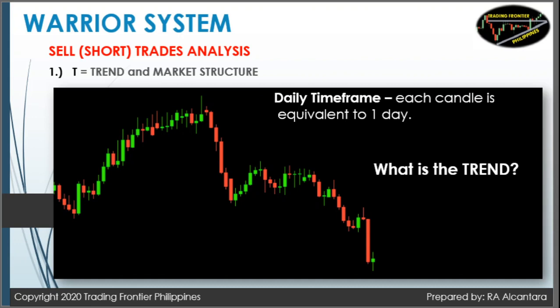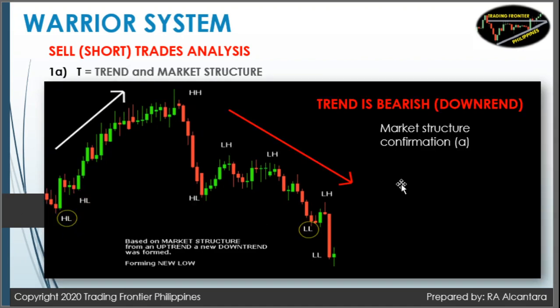At the same time, you will understand that you don't need indicators to determine market structure. It's all about price action. The information you need is already in front of you. It's all about the candles and price movement. For this example, it's the daily time frame, so each candle is equivalent to one day.